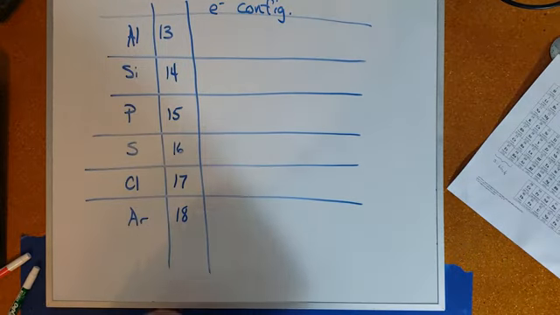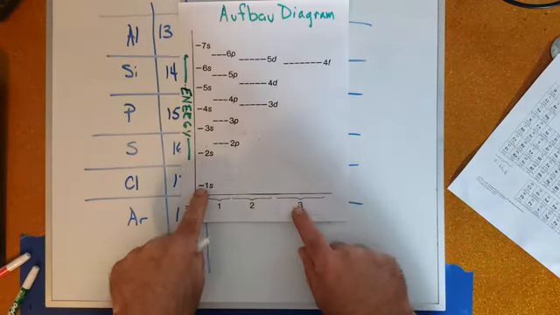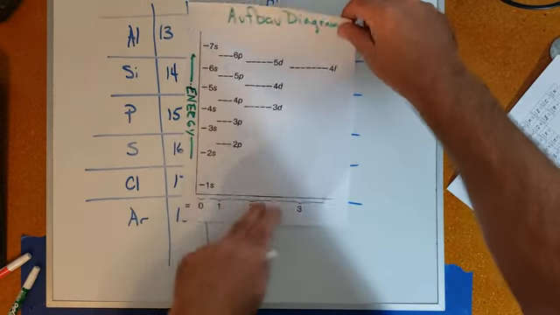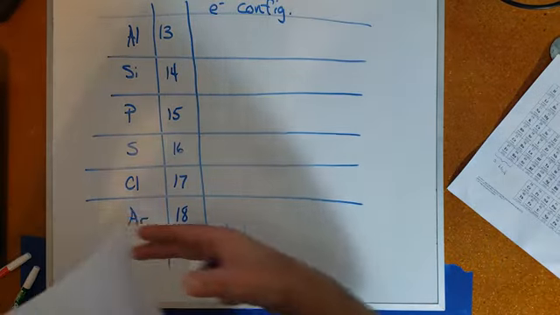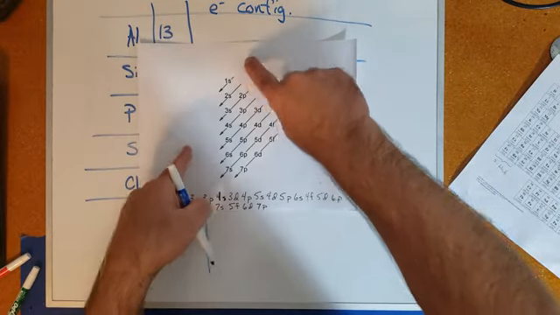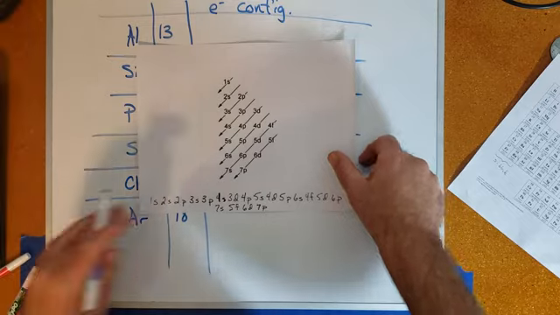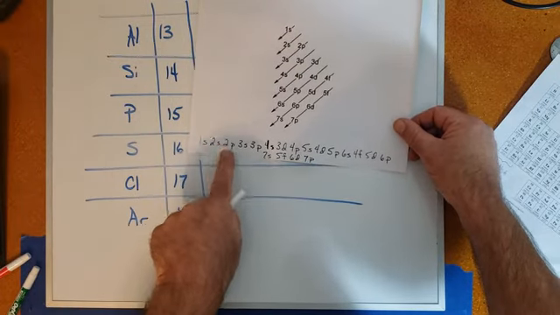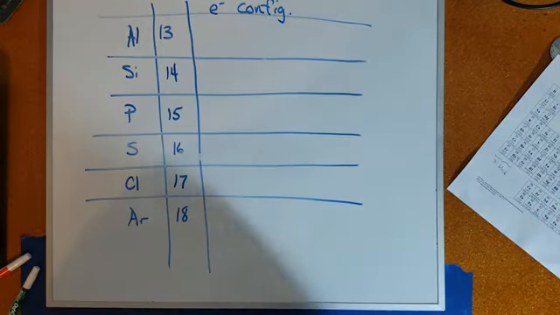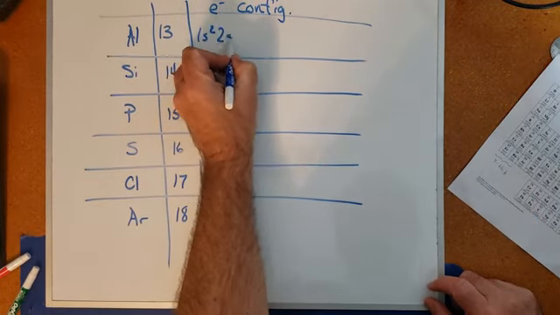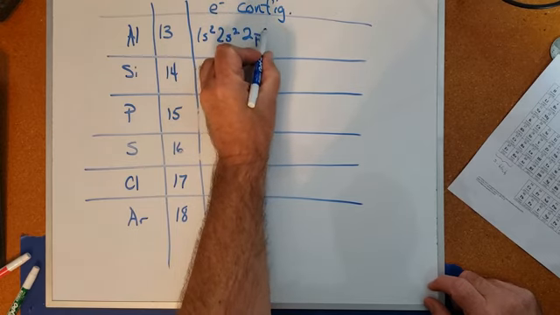Again, we could say the first 2 electrons go in the 1s. That's the same for everything. Or use the diagonal lines diagram, where the first one is the 1s, or just write down the sequence 1s, 2s, 2p. Anyway, aluminum will be 1s2, 2s2, 2p6.